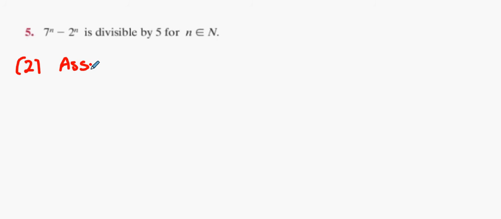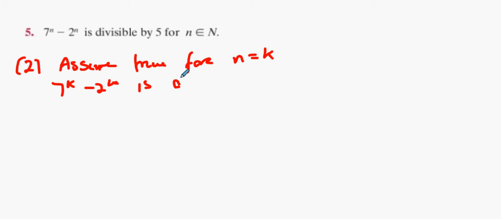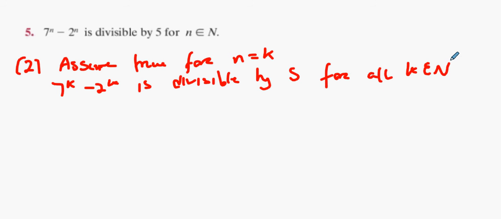Assume true for n equals k, such that 7 to the power k minus 2 to the power k is divisible by 5 for all k element of n. Okay, now we're on to part 3.